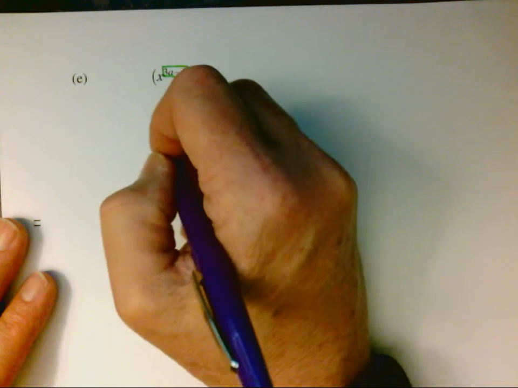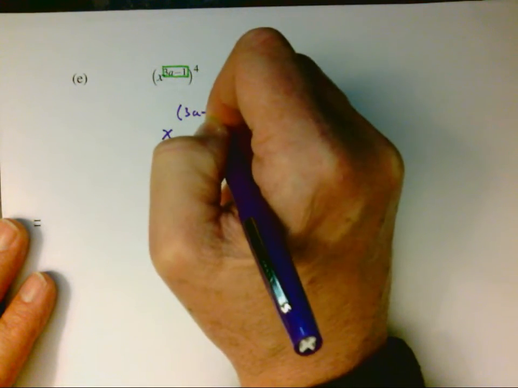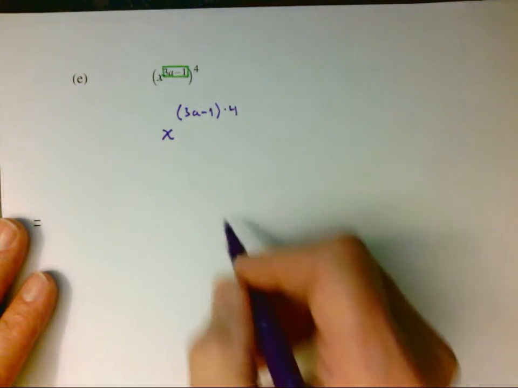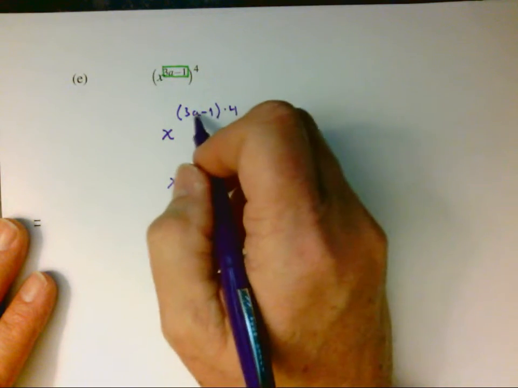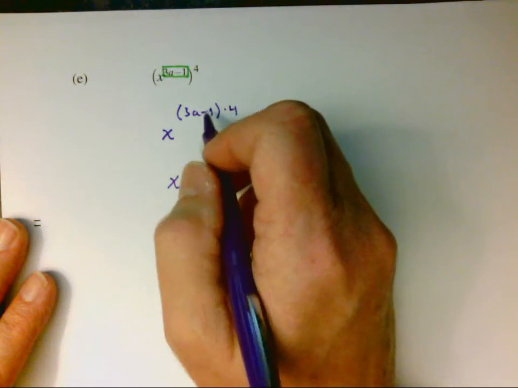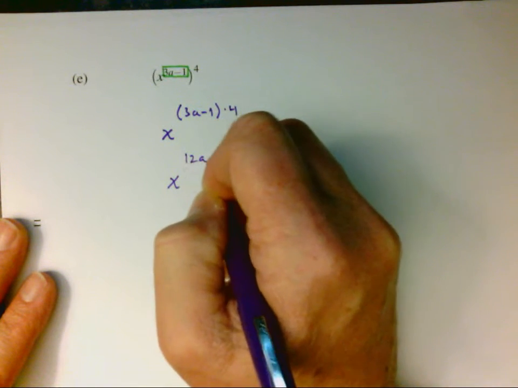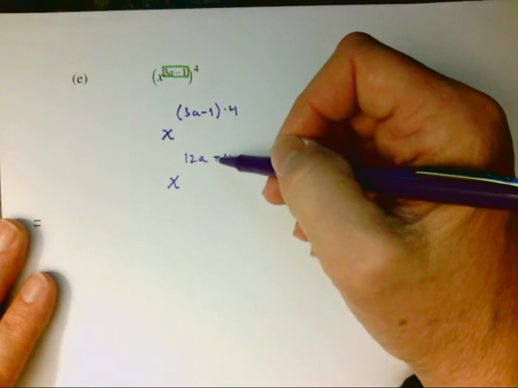So this is really x to the 3a minus 1, all of that, times 4. Probably what they want us to do for simplifying this, it would be fewer symbols if we go ahead and distribute the 4. So 4 times 3a is 12a minus 4. So this and this are the same thing.